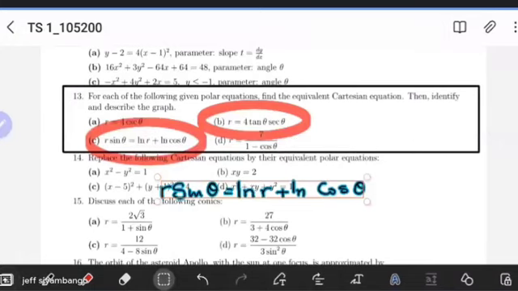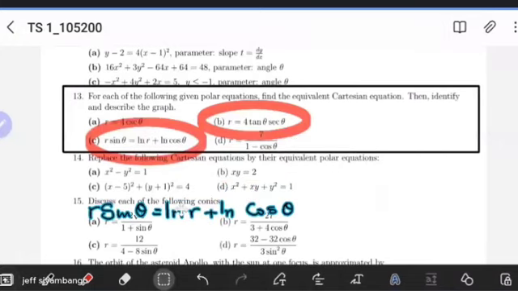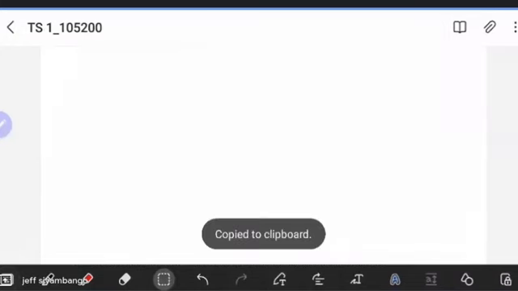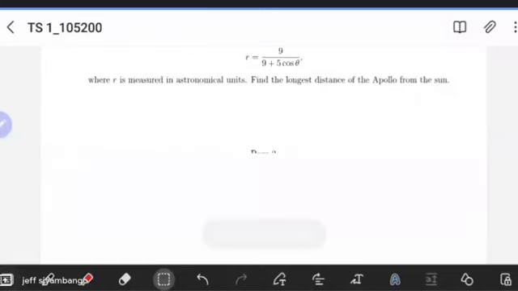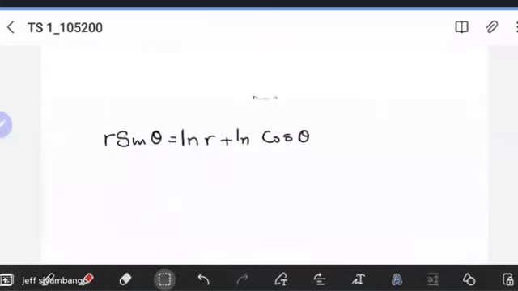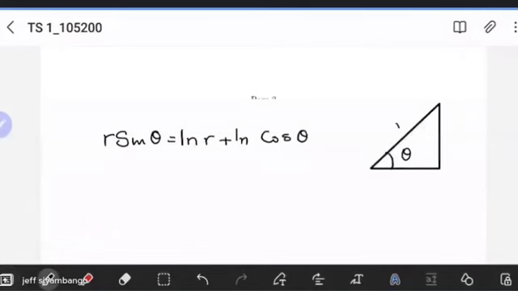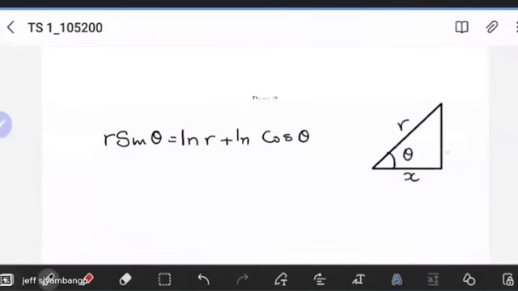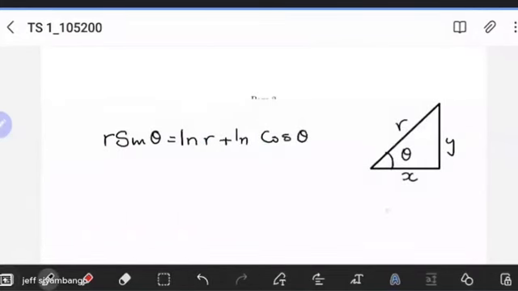Now, how do you answer this one? So let's look at it. For this one, the logic is very simple. Firstly, based on a right-angled triangle, for an angle theta, r being here, x being here, and y being here, r is equal to the square root of x squared plus y squared.